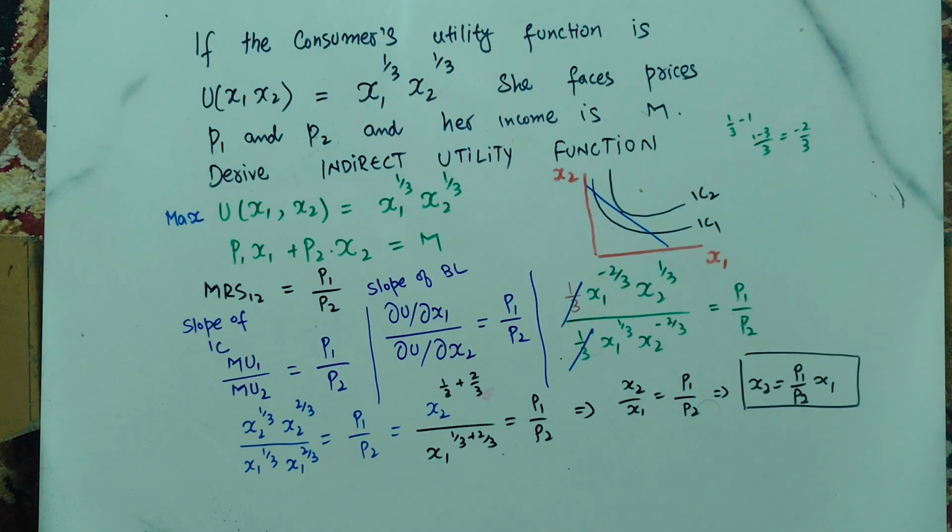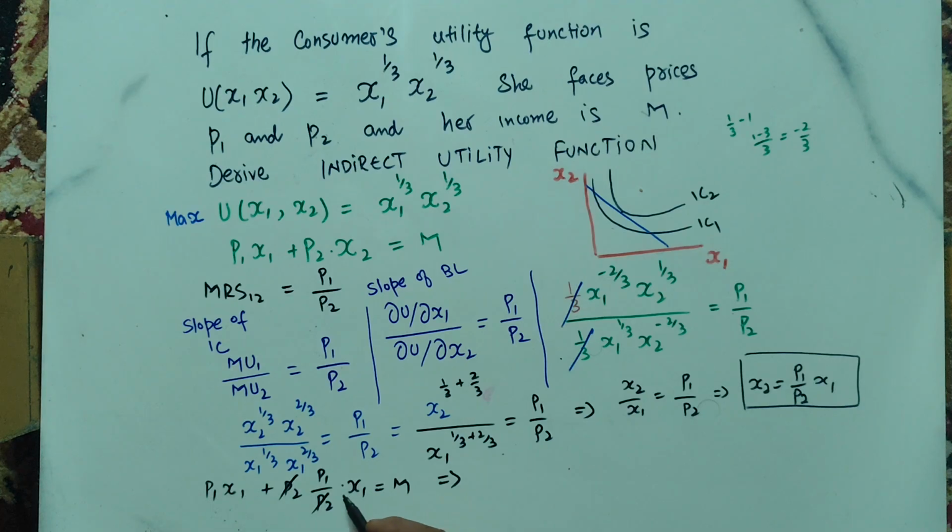Having said that, now put the value of x2 equal to this stuff into the budget constraint. So we will get P1 x1 plus P2. In place of x2 we write this P1 upon P2 times x1, and it should be equal to the income of the consumer, which implies P2 gets cancelled.